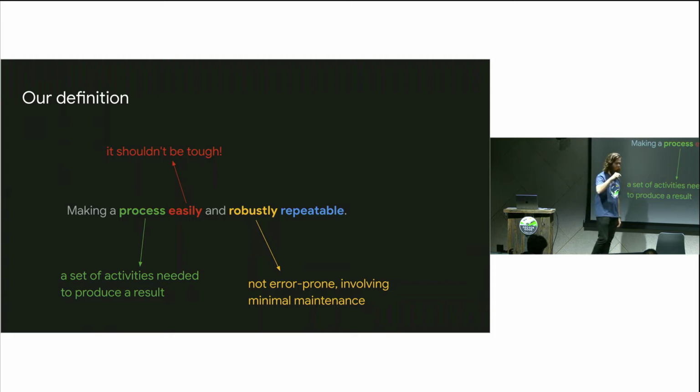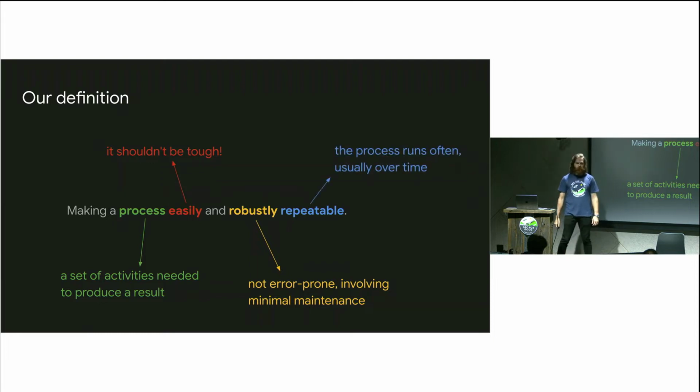I have to press a button, I have to turn a wheel. We want to avoid that, in an easy and robust way. The expectation with operational work is that it happens often, if not many runs concurrently, then many runs over a duration of time.